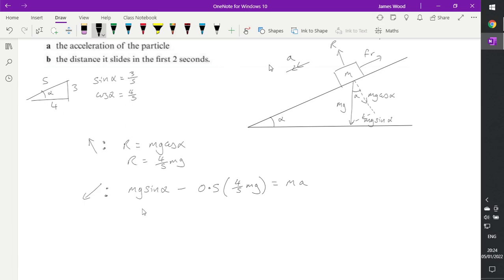Sine alpha was 3/5, so it's going to be 3/5 g, minus 2/5 g, because 0.5 times 4/5, equals a. So that's going to be 1/5 g equals a. And we can work that out as a number. 9.8 divided by 5, so 1.96 meters per second squared.